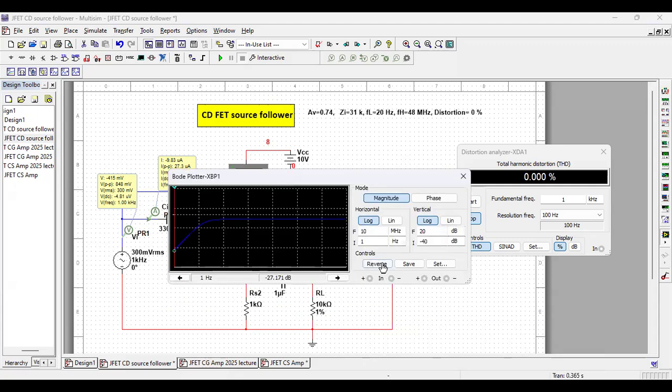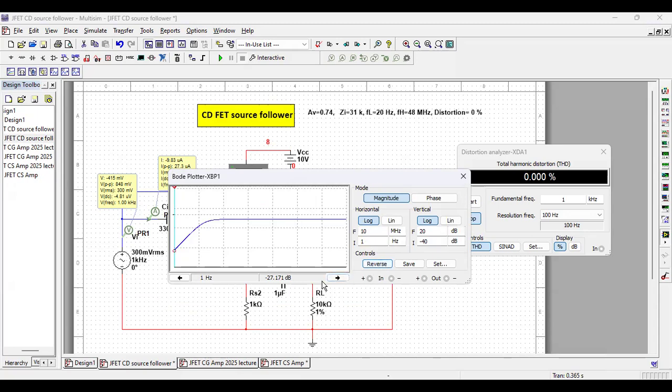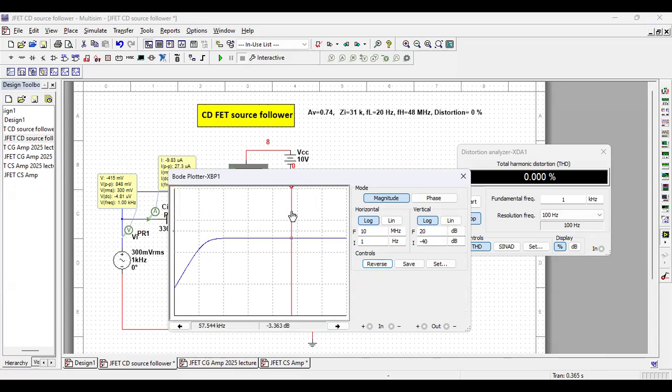Another very important point, see this particular plot. There is no gain. Gain is minus 3 dB already. But the higher cutoff point is almost infinity.